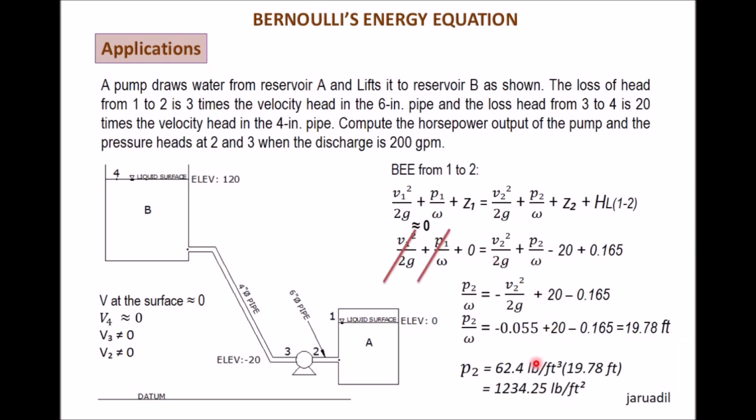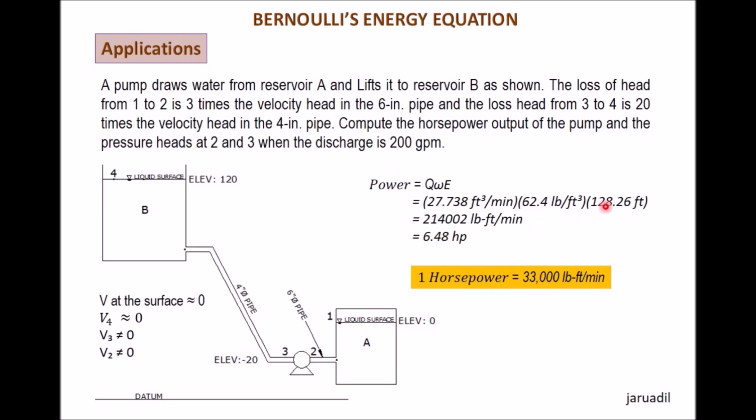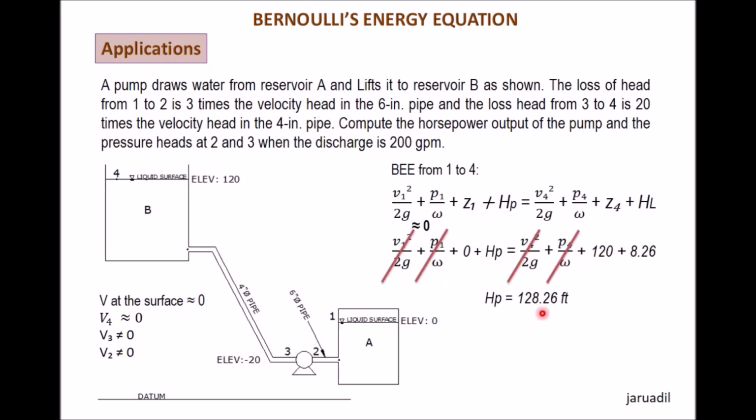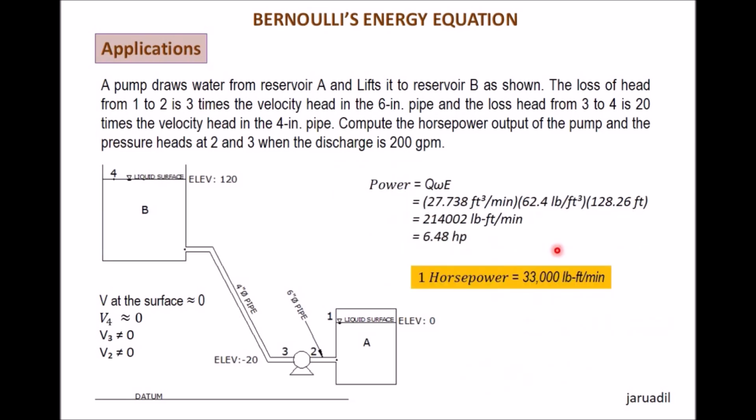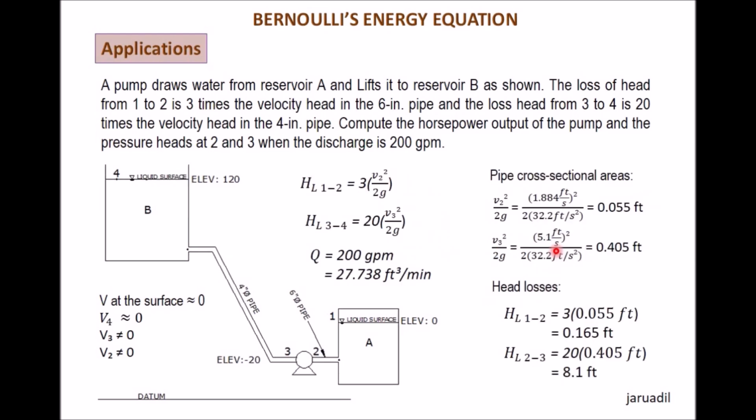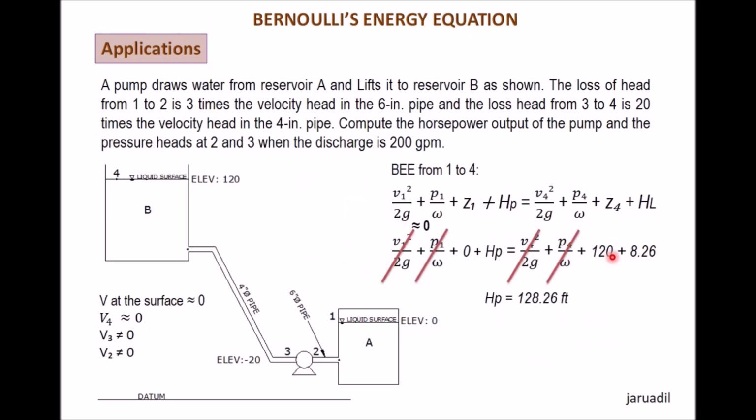So yun naman na-compute natin sa pump, this one, 128.26. So the elevation is negative 20, and the velocity head at 3 is 0.405. So computed din yan dito sa previous slides. Yan, V3 squared over 2g is 0.405.